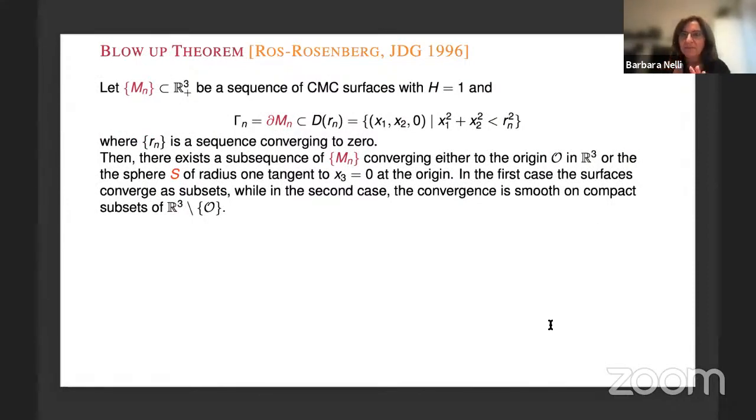So let me state the blow up theorem. You take a sequence of CMC surfaces, all with curvature H equal to 1, and with boundary in a small disk whose radius is going to 0 in the plane.